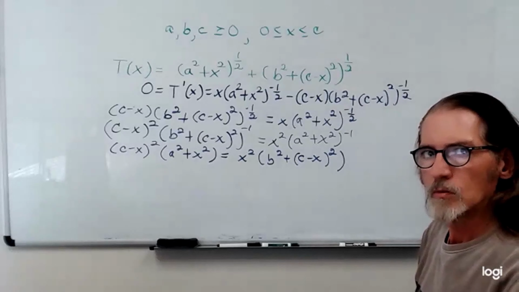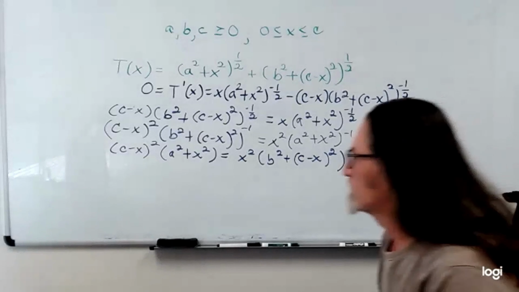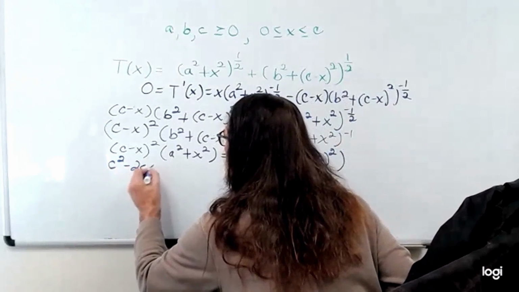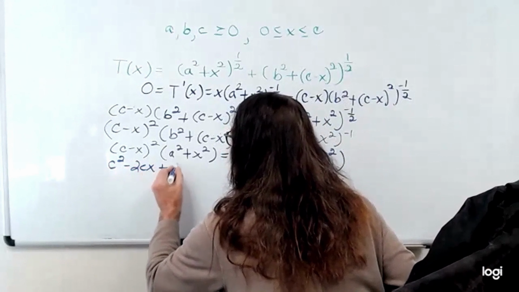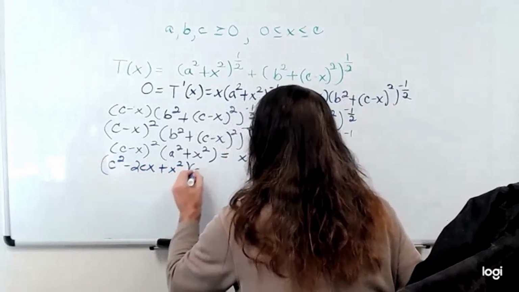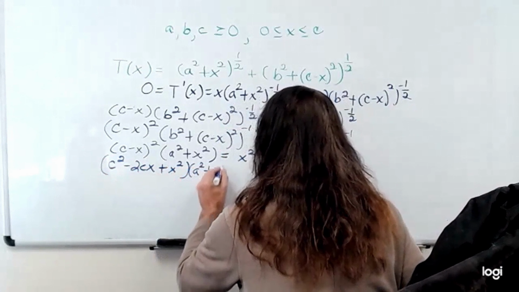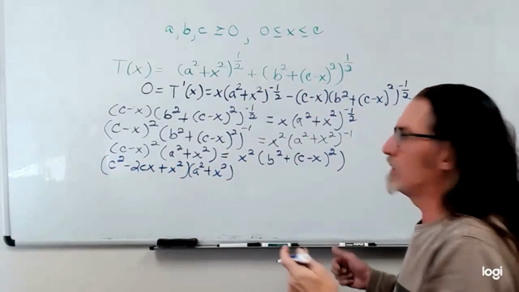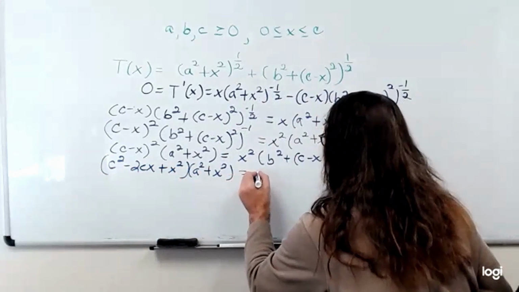Let's expand this as we work to solve for x. First, taking care of the quantity c minus x, all of that squared, showing up in 2 spots.